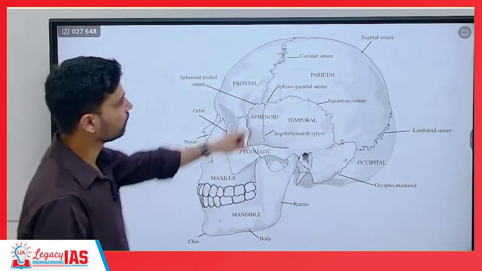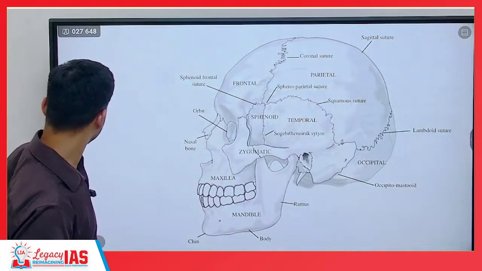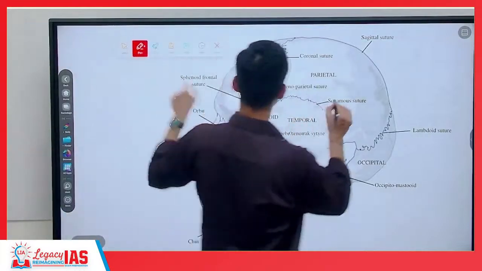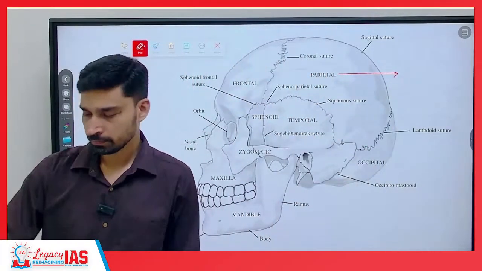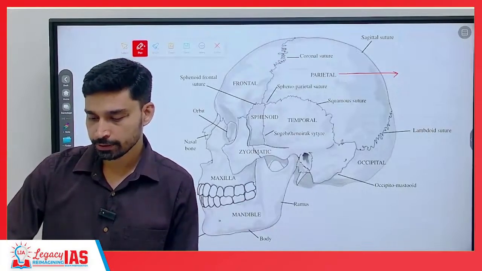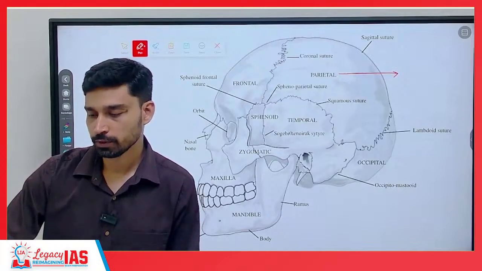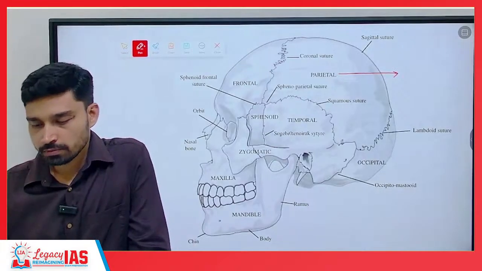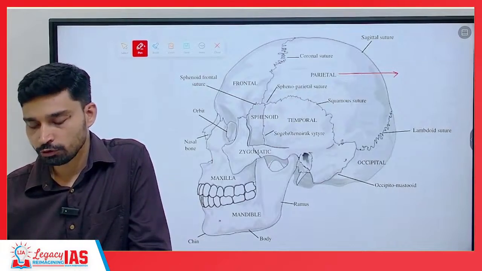So the parietal lobe is the center of emotion, which also is well developed in man.